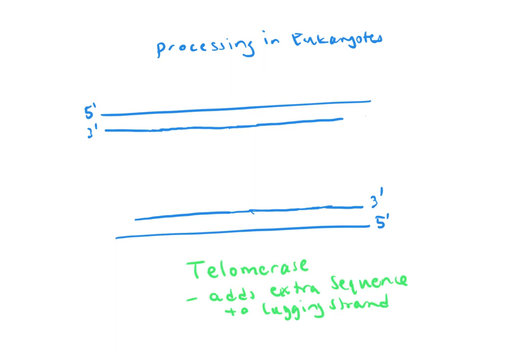So again, this enzyme, you don't have to know how this happens, but it's going to use sort of an RNA guide, which is kind of weird, in order to extend those lengths. And then the extra stuff that's there will get chewed back. And now you have these new 3' and 5' ends of the DNA molecules. And now we've got a completely replicated and processed DNA molecule.